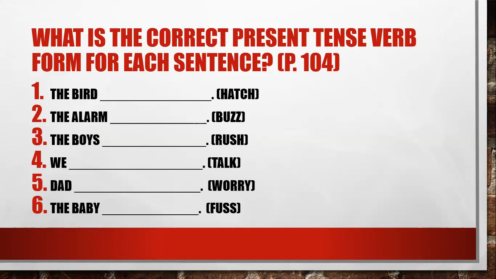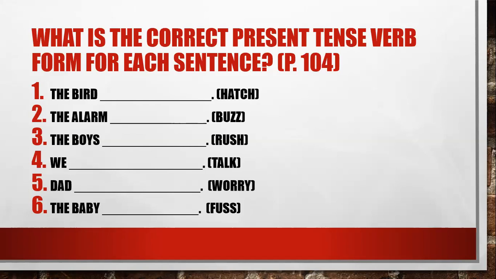Okay, so what is the correct present tense verb form for each sentence? We have the bird blank, the alarm blank, the boys blank, we blank, dad blank, and the baby blank. We have 6 sentences. When we're working with the present tense, I am going to remind you that the present tense holds a close relationship to the subject.